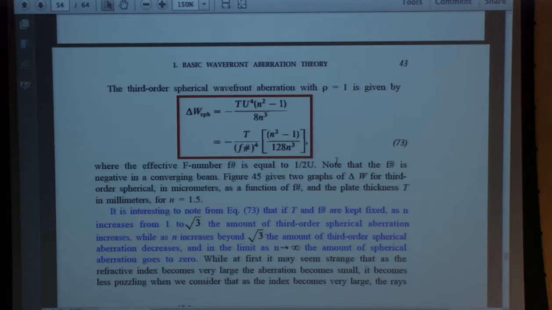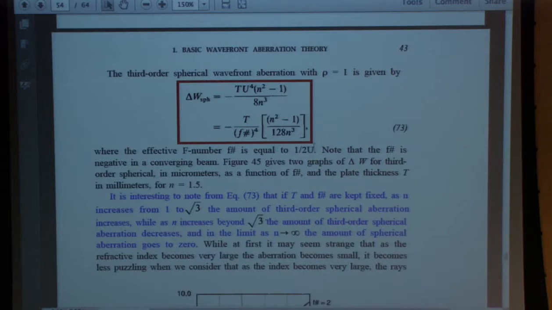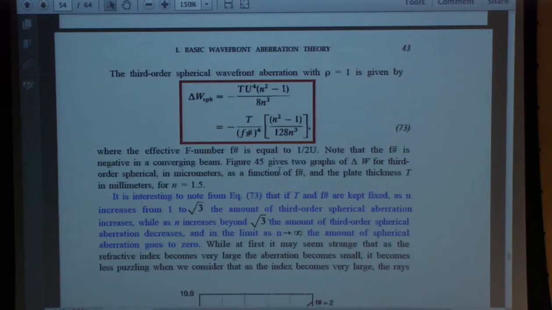If we look at this here, this is kind of interesting, the n squared minus 1 over 128 n cubed. If n is 1, of course everything is great. As n becomes larger, this becomes larger to some point, and then for n real large, this becomes small again. So if you go to a high index material, you're better off than a more common index material.